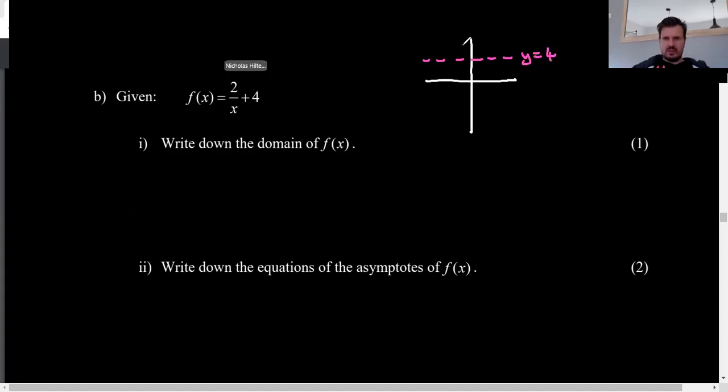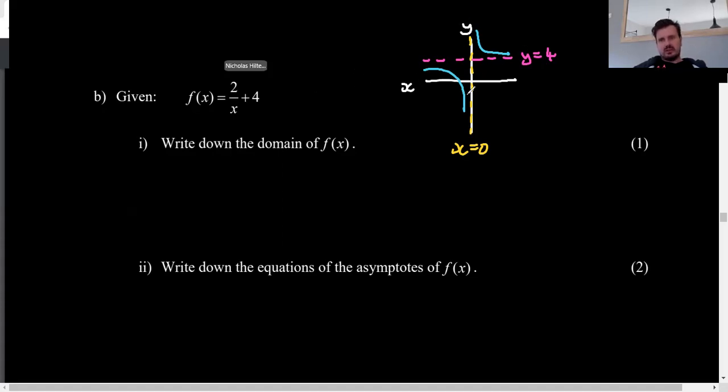And your other asymptote, in grade 10, is always along here. You've always got an asymptote of x equals 0. And your hyperbola would be drawn like that and like that, a sort of smiley face and a sad face on either side of your asymptotes. And here's your x and your y.